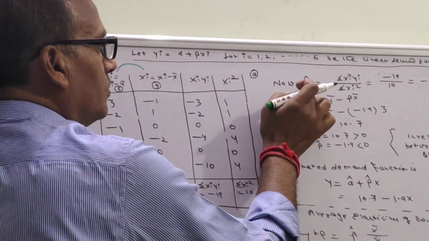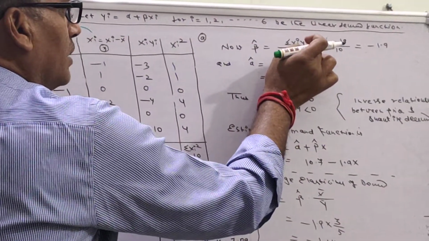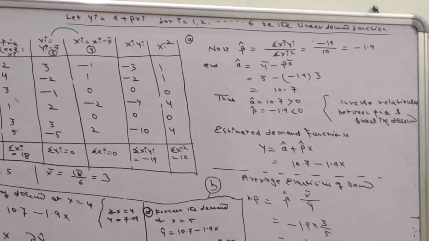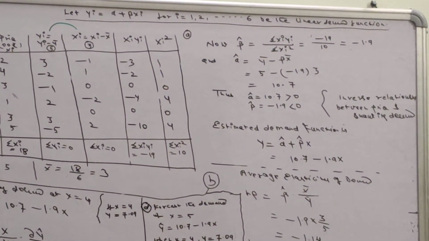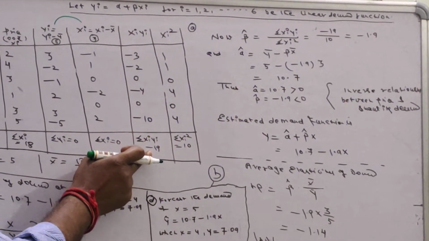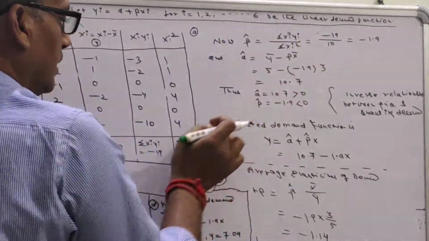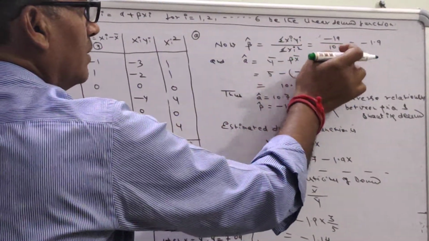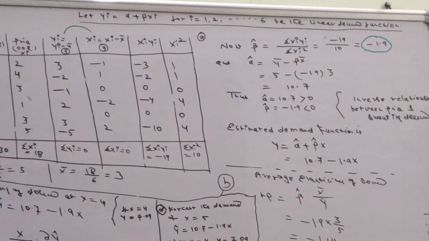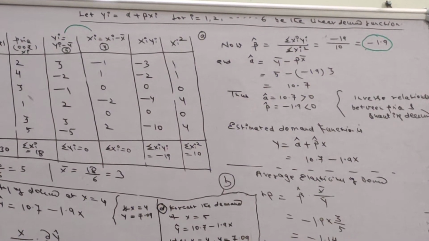Now beta hat equal to sigma xi yi divided by sigma xi whole square, and the given sigma xi yi equal to minus 19, divided by sigma xi whole square, which is 10. The value of estimated beta is minus 1.9.